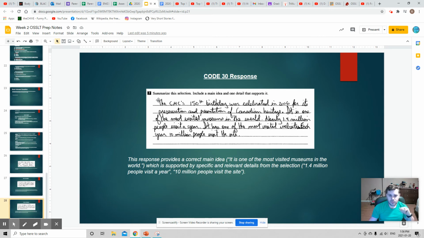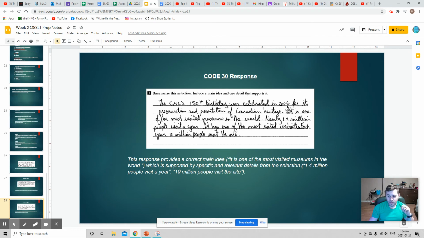They said this Canadian Museum of Civilization's 150th birthday was celebrated in 2006 for its preservation and presentation of Canadian heritage. It is one of the most visited museums in the world. Nearly 1.4 million people visit a year. So that's their proof right there. Their answer is that first sentence.